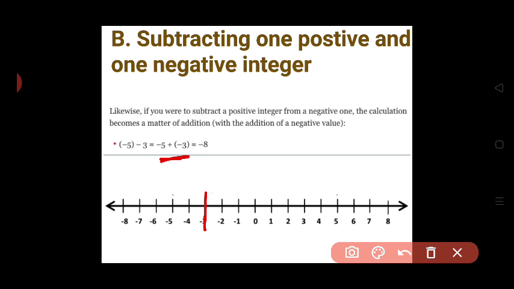So let's start from minus 3: 1 unit, 2 unit, 3 unit, 4 unit and 5 unit. So what is the result now? Minus 8. And if you have to represent it with the help of an arrow, we do like this. Move 5 steps towards left. This is the correct representation of this equation.